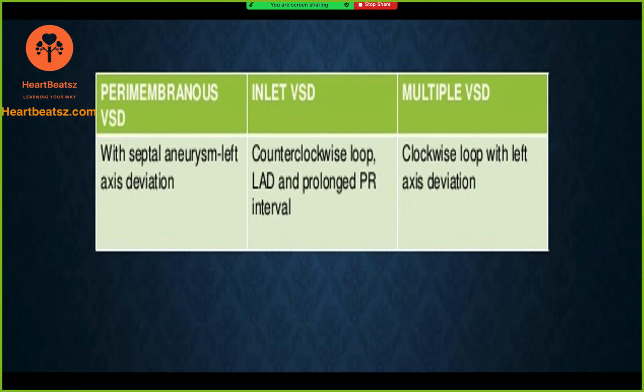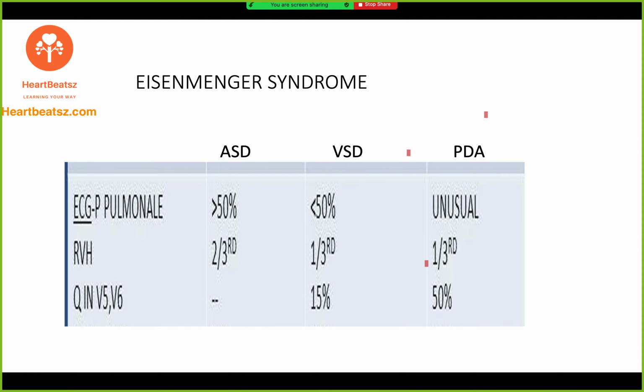Similarly, inlet VSD can have a counterclockwise loop. That's why we notice a left axis deviation but with prolonged PR interval. Similarly, for the multiple VSD, we notice a clockwise loop with left axis deviation, isn't it?